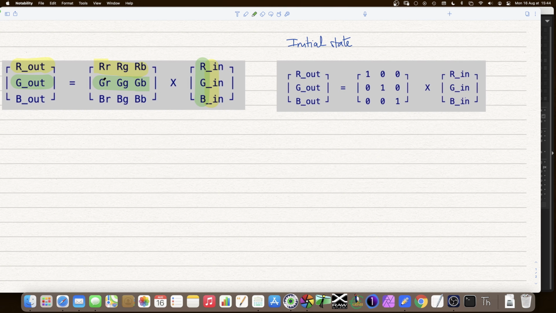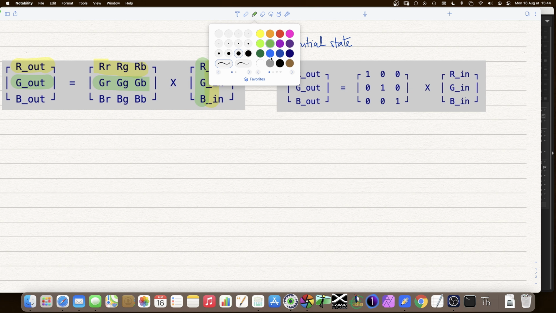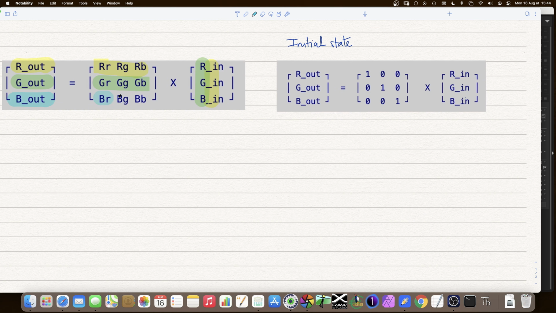When I say times, it's a multiplication and an addition. So it's this number times this number plus this one times that one plus this one times that one. So it's a mixture of adding and multiplying. And the third one, I might as well do it blue. The blue out would be this blue line times the same three numbers.